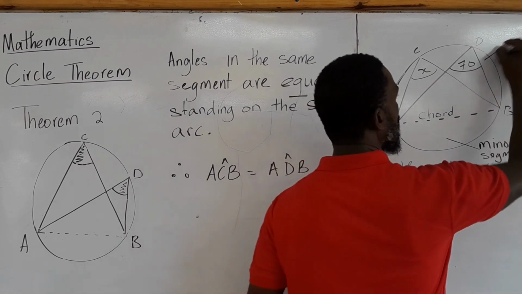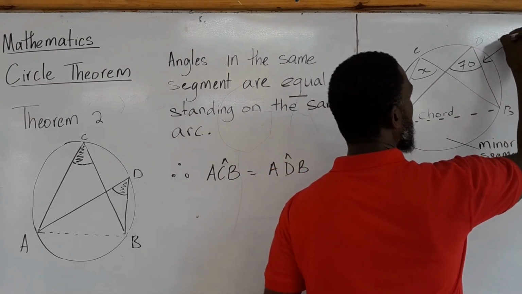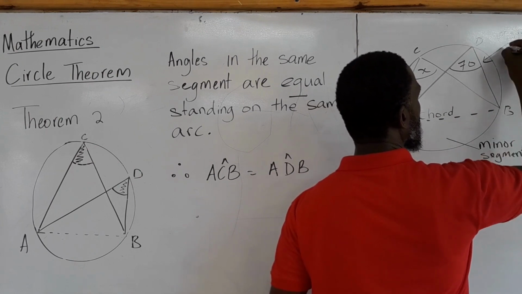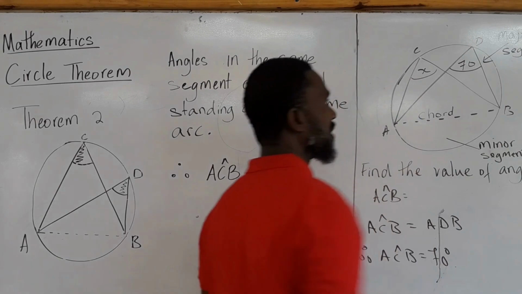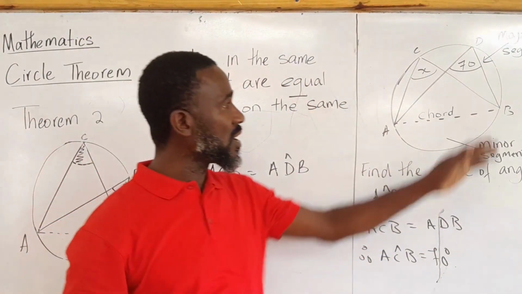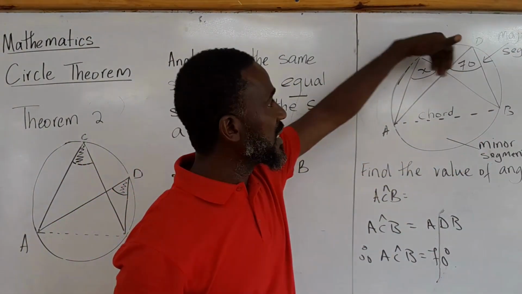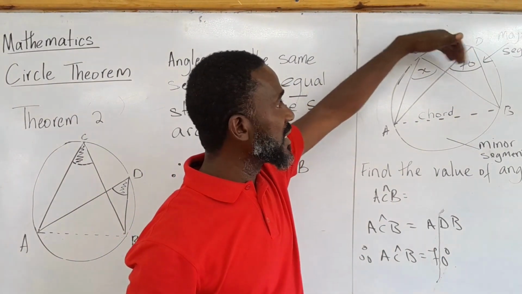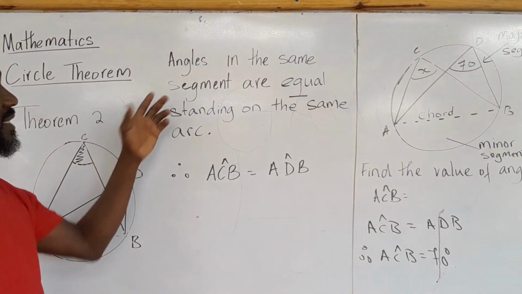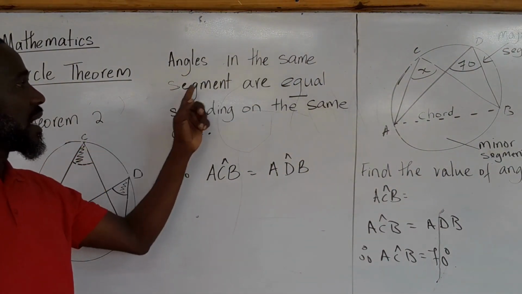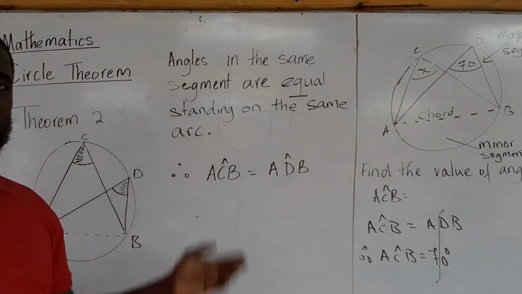And this segment here will be called our major segment. So therefore, once we can recognize that the angles are standing in the same segment standing on the same arc, then we apply Theorem 2, which states angles in the same segment are equal, standing on the same arc.